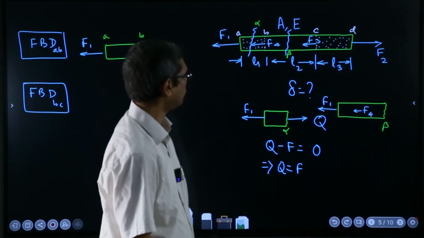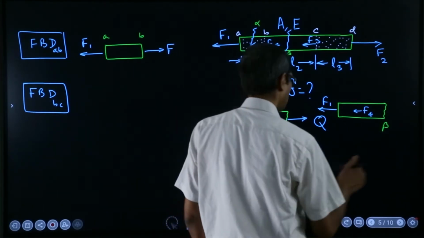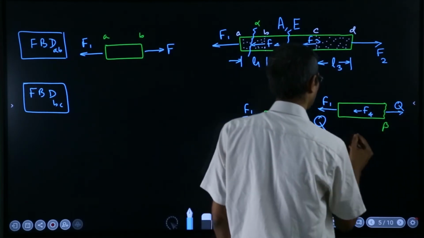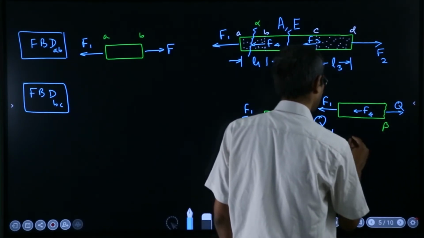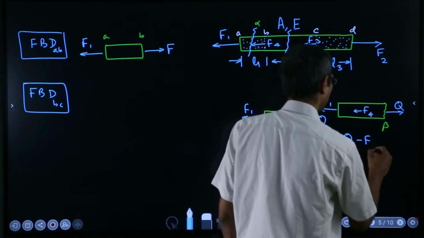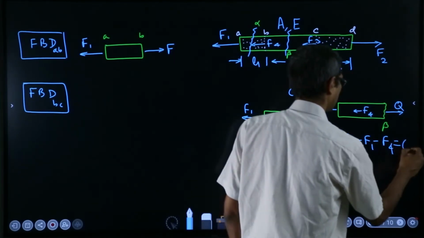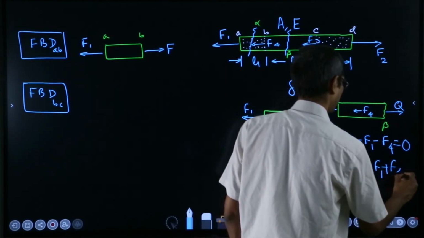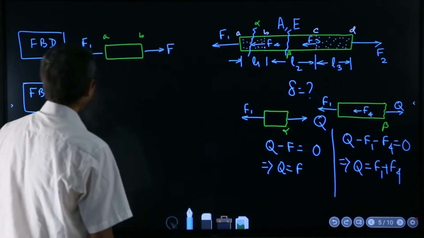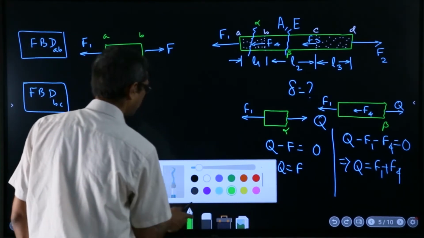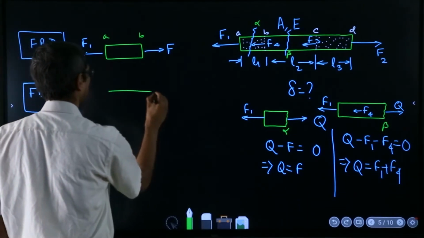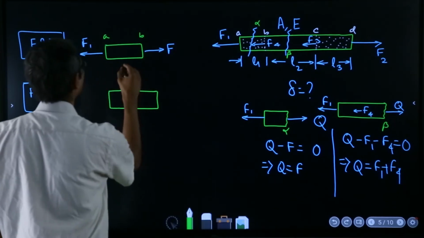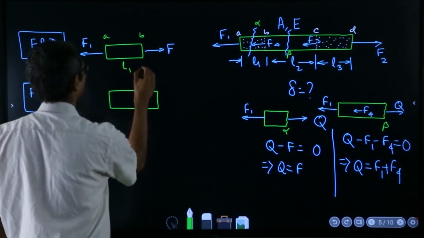Now if this is F1 and F4, and a force here is acting like Q, how do you write the equilibrium equation? Q minus F1 minus F4 is equal to 0, which implies Q is equal to F1 plus F4. Now here you can draw the free body diagram like this. Here I should have shown the length, so this is L1.